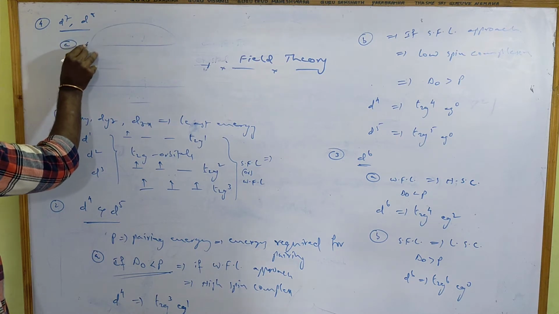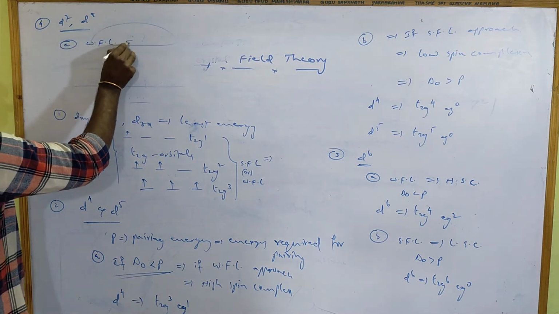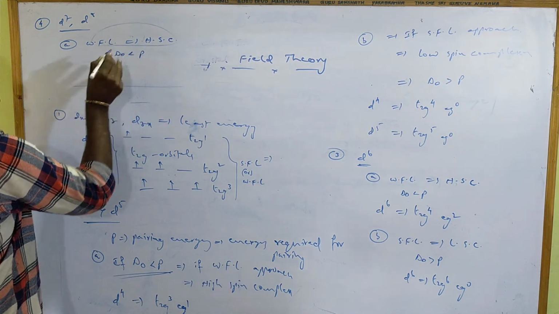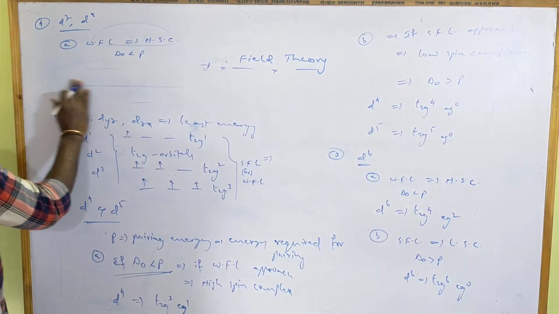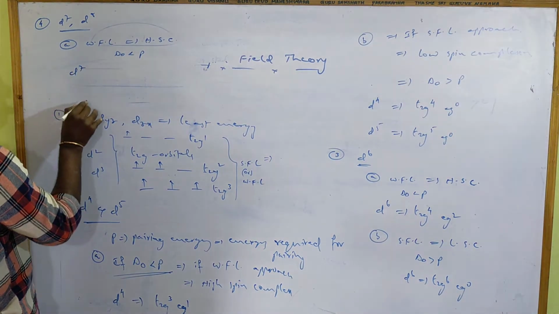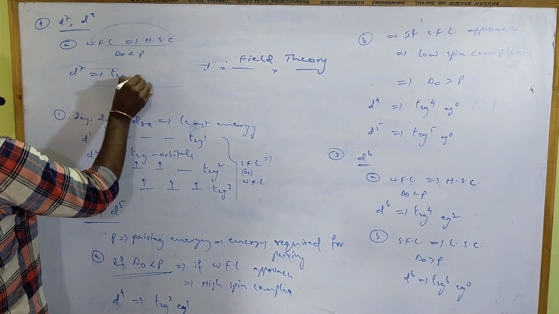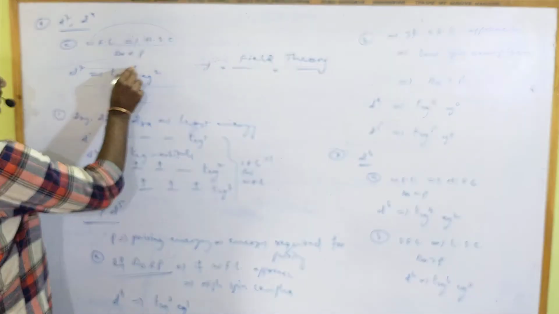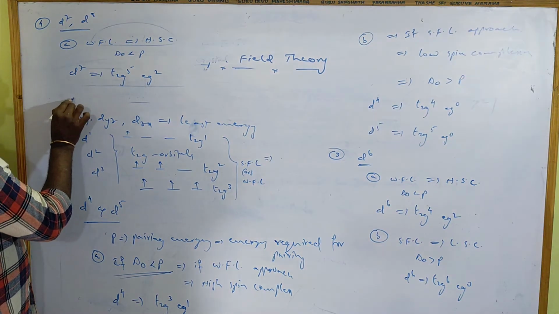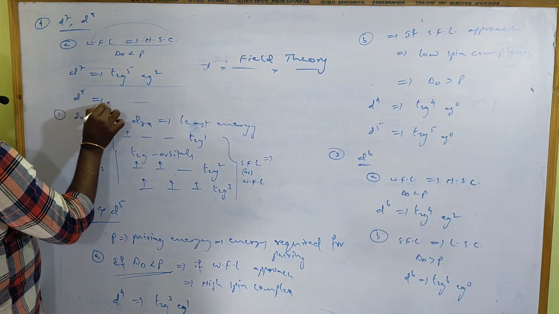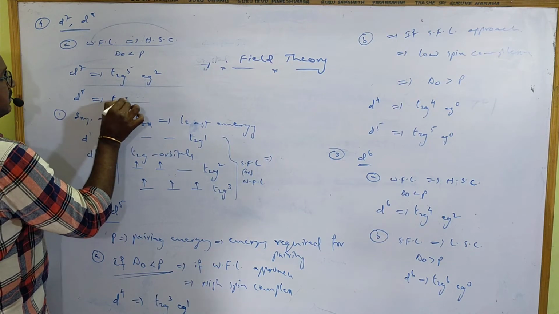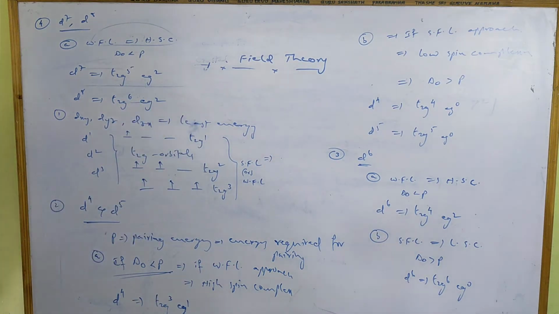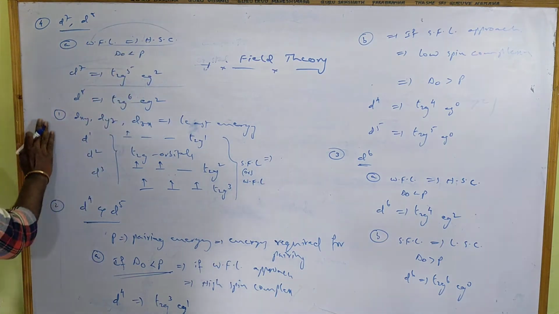In that, A, once again, weak field ligands form high spin complexes, and for them delta O is less than P. So for 7 electrons, D7 will be t2g5 eg2, where 2 electrons will be paired up. And for D8, t2g6 eg2 if weak field ligands are present.